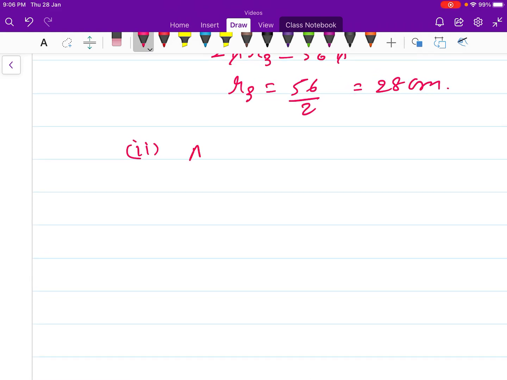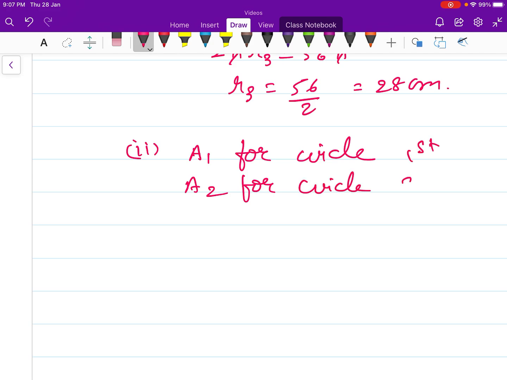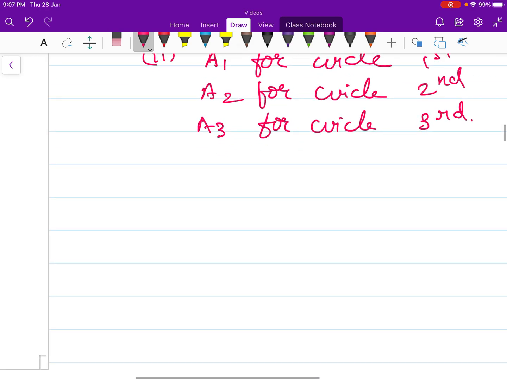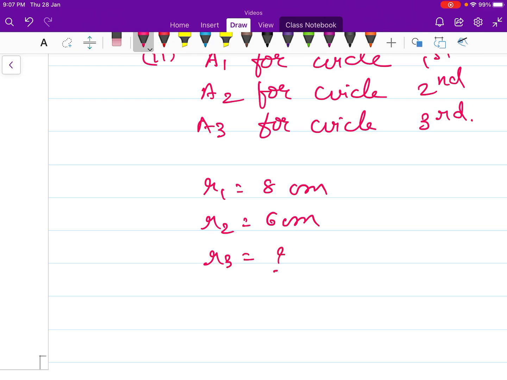So now we take A1 for circle 1, A2 for circle 2 and A3 for circle 3. Now we know that R1 is 8 centimeter, R2 is equal to 6 centimeter and R3 we are supposed to find.